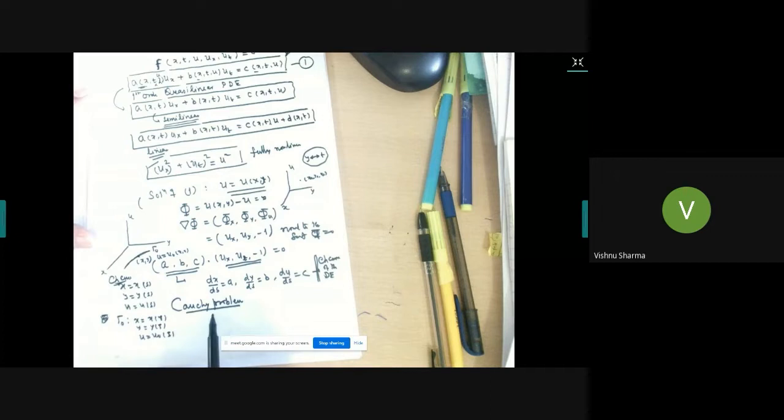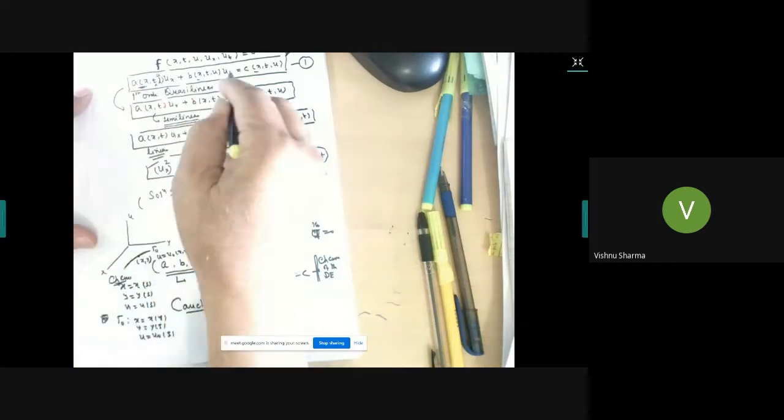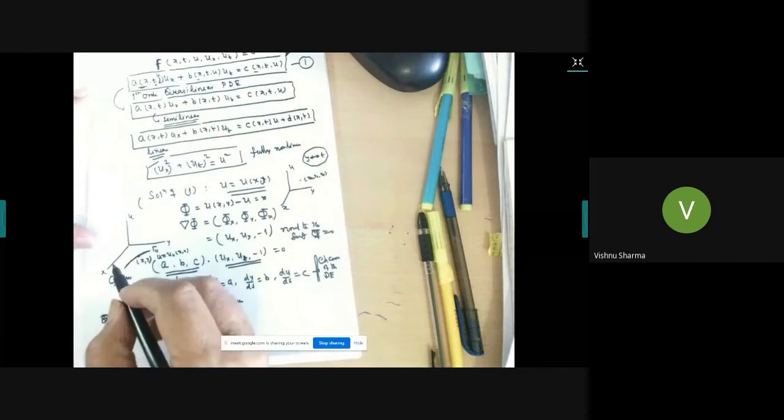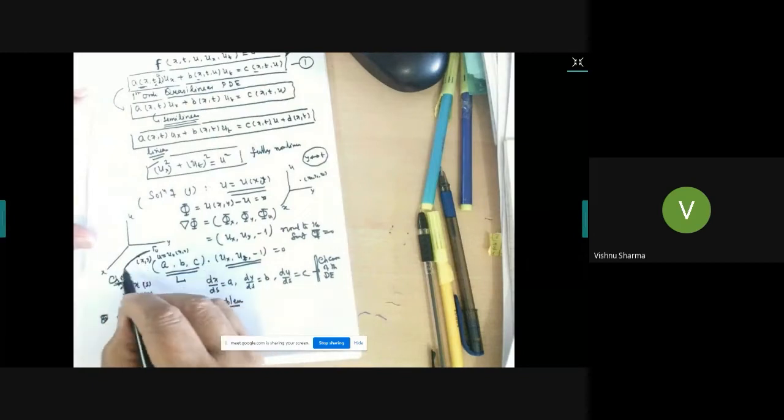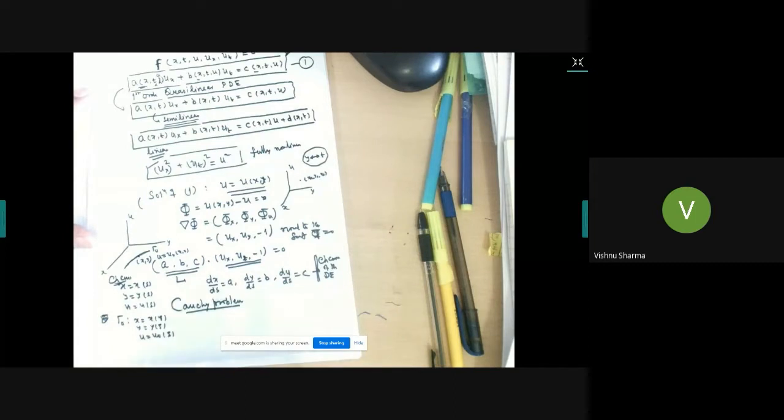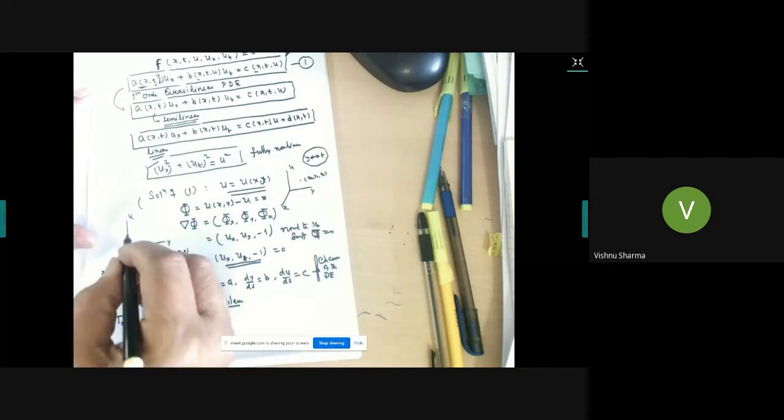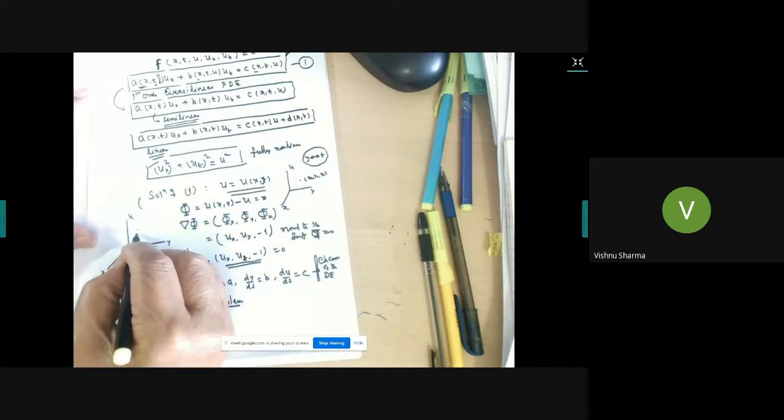What is the Cauchy problem? The Cauchy problem asks us to determine a function u which satisfies the differential equation identically and takes on some specified values on this curve, gamma naught. This is your Cauchy problem. So actually what we do is take the corresponding space curve.